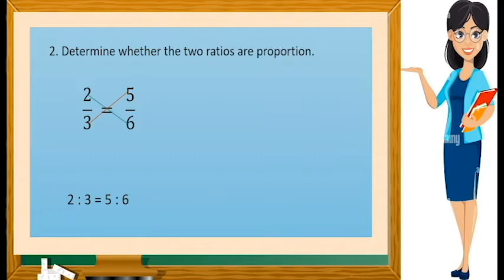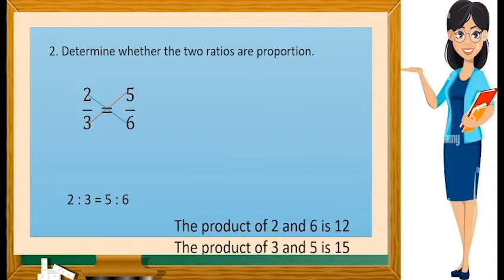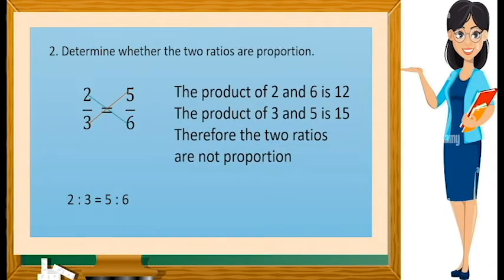Are the two ratios proportion? No, they are not. The product of 2 and 6 is 12, while the product of 3 and 5 is 15. Therefore, the two ratios are not proportions.